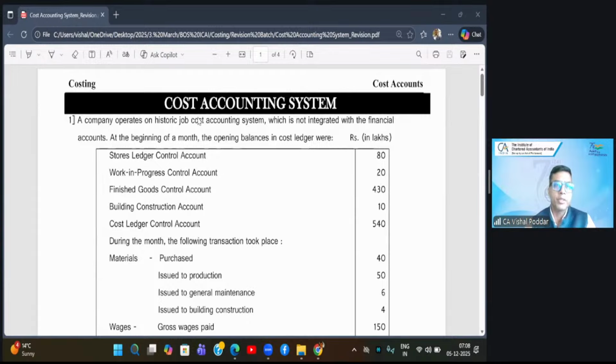However, this is not generally applied. What is applicable in general in industries is the second method, which is the non-integrated method. Under the non-integrated method, we prepare separate books for recording financial data and a separate set of books for recording the cost accounting data.